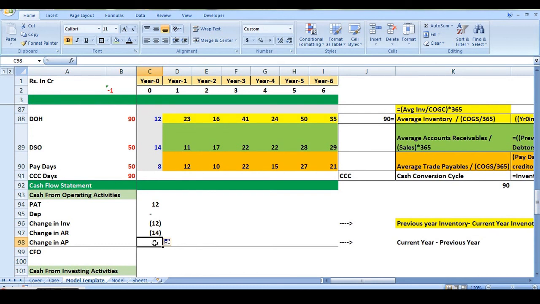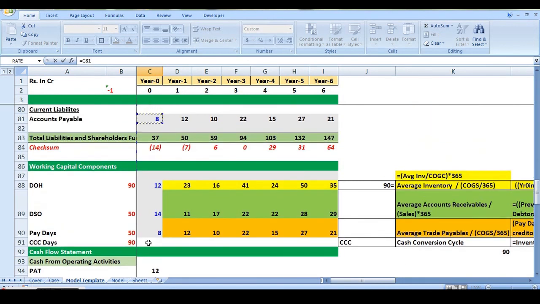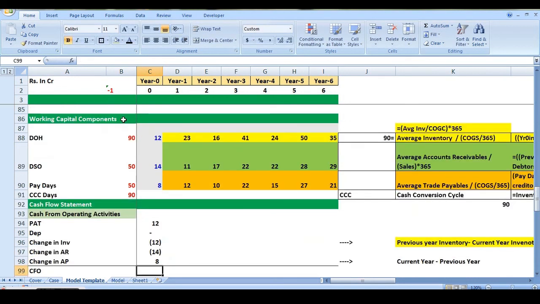change in current liability, the formula gets reversed as current year's value minus previous year's value. So it will become the year 0 value of accounts payable minus the previous year value of accounts payable. So the change in accounts payable is 8 crores positive, and now we can simply drag all these 5 values together.